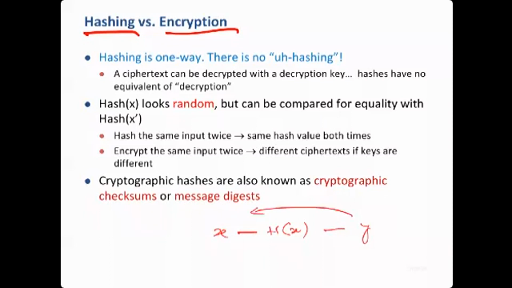From y to x is not possible. Now given a value of x, you do encryption of x using some key k, you get y. Given y, you will have a decryption function which will use y and key k and you'll get x. That's the difference.